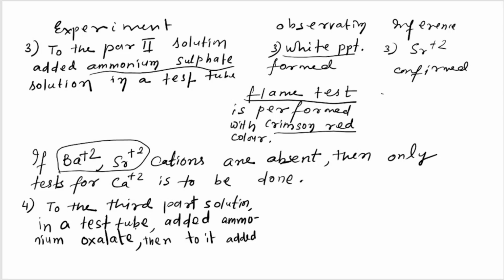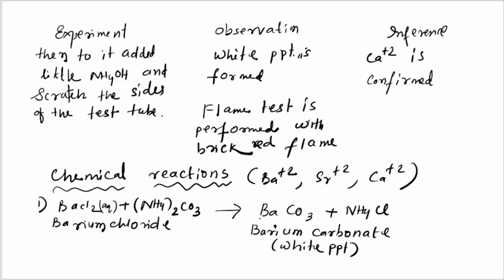To the third part solution, you add ammonium oxalate. First take the salt solution, then add ammonium oxalate, then a little ammonium hydroxide solution to increase the ammonium concentration, and then scratch the side of the test tube, because the white precipitate is obtained on the side of the test tube.